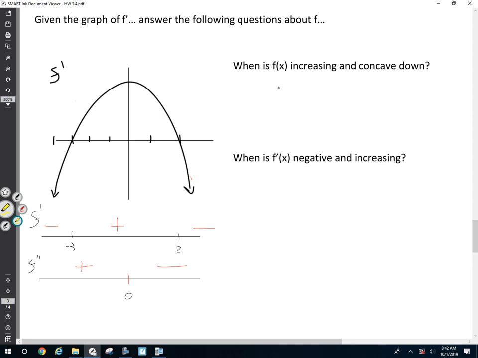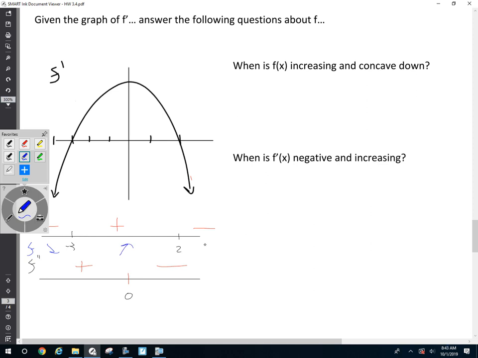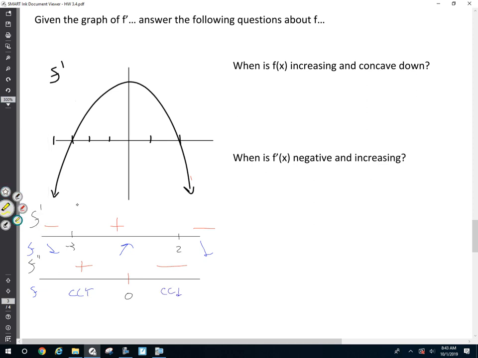When is f increasing and concave down? Well, remember, f is going to have to go down, then up, then down. That also tells us f is concave up and concave down. F is increasing and concave down here. That's when they overlap. 0 to 2.